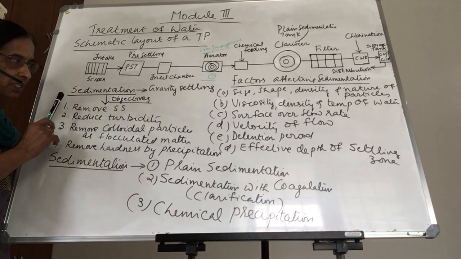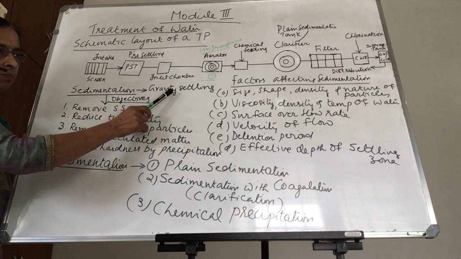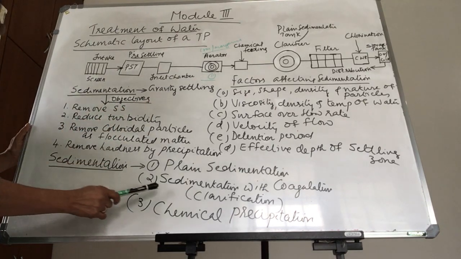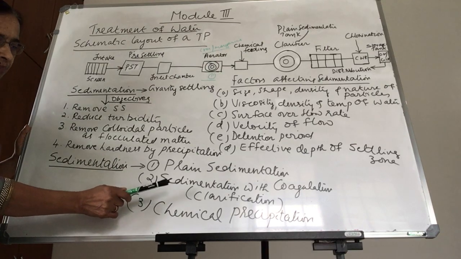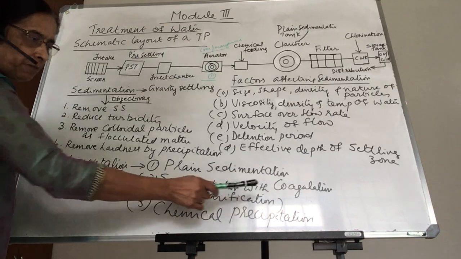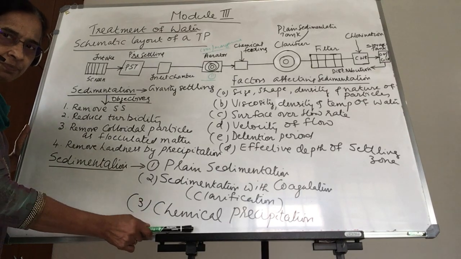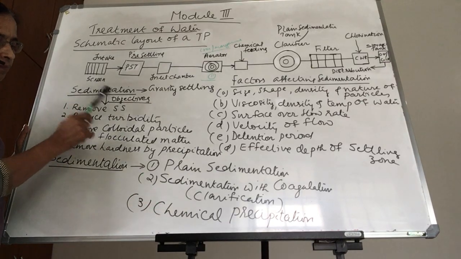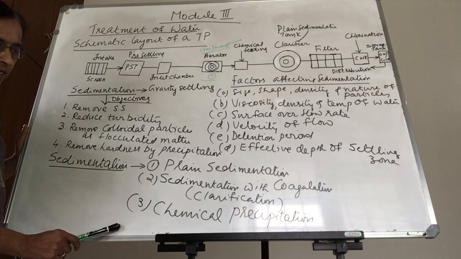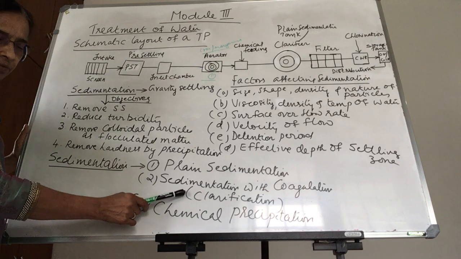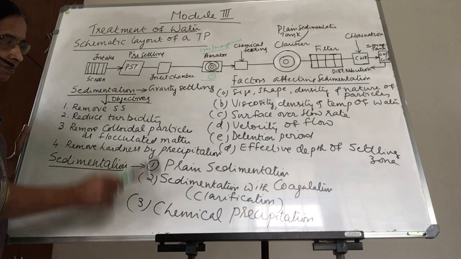The sedimentation may be plain sedimentation, or it may be clarification, that means sedimentation with coagulation, which is called clarification, or it may be chemical precipitation. So sedimentation can be any of these three types: plain sedimentation, sedimentation with coagulation, that is clarification, and chemical precipitation.